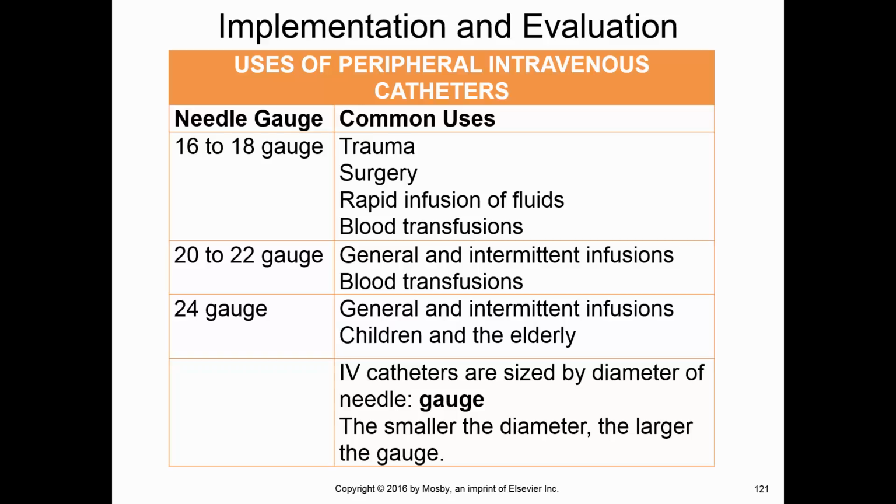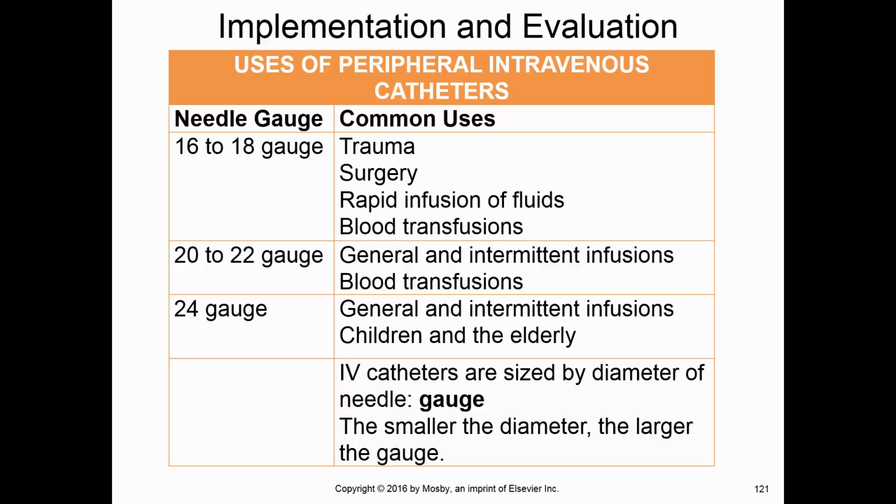The larger the diameter, the smaller the gauge number is, okay? So a 22 gauge, that's for a person that we're not really anticipating any type of emergency. We're just doing some infusions. We can do blood transfusions in a 20 or 22 gauge, but I'm telling you, your hospital policy is probably going to say 18 gauge for blood transfusions, period.